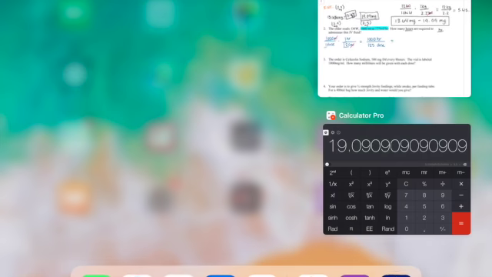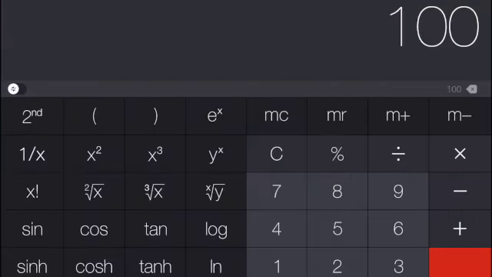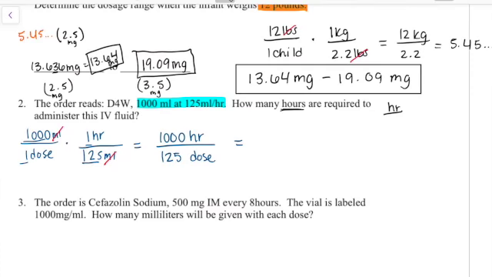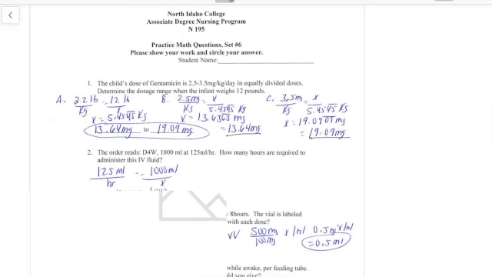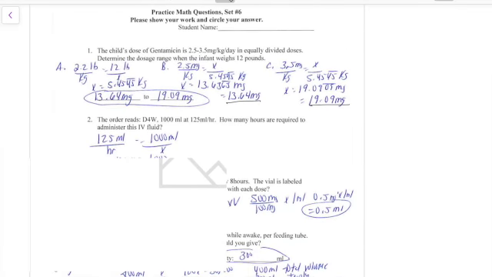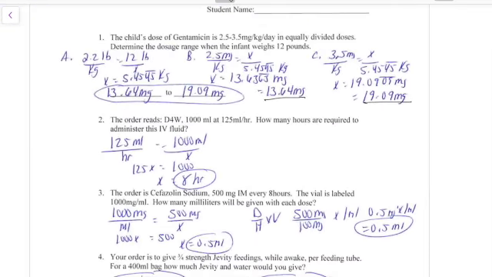So 1,000 divided by 125 is 8. So it will take 8 hours to administer this dose. Double check that. Yeah, that's correct.